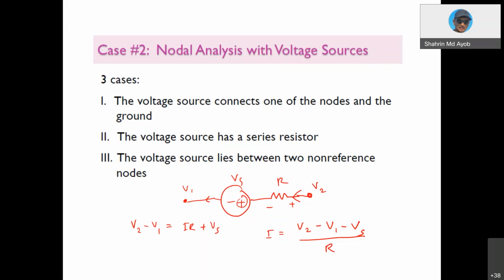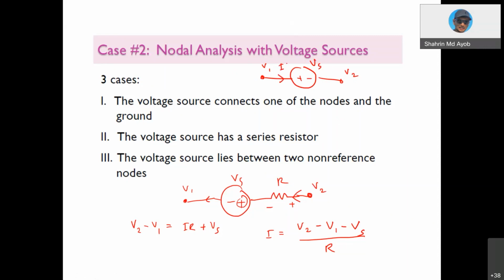Okay, the last part is the most interesting. The voltage source lies between two non-reference nodes. Right now, how can you deal with it when you have a voltage source between, for example, V2 and V1?